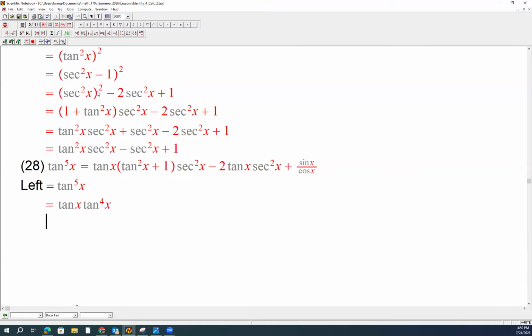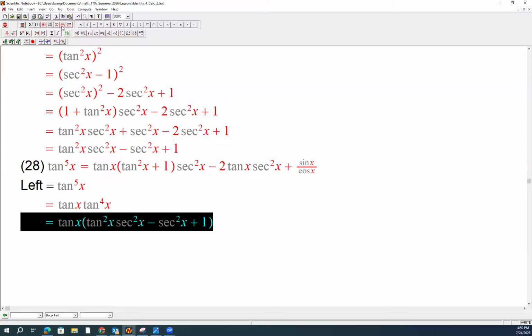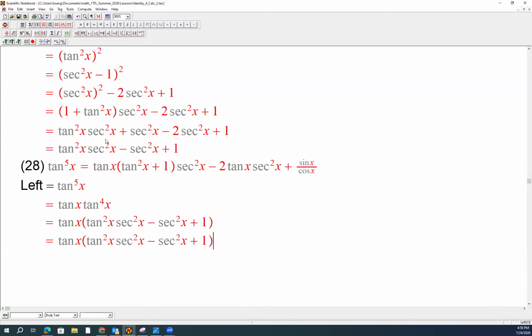Okay? And with tangent x, over here, we're going to paste it here. And then, almost there, distribute the tangent x to each piece inside. Distribute it to here, so that's going to be power 3.